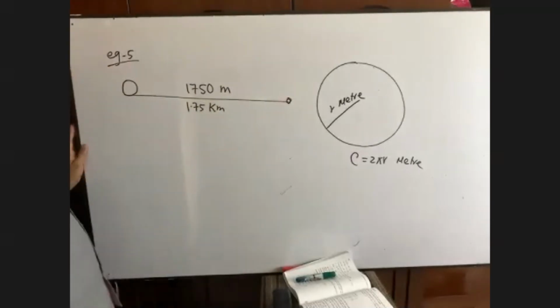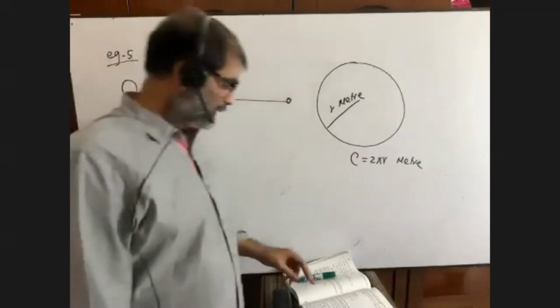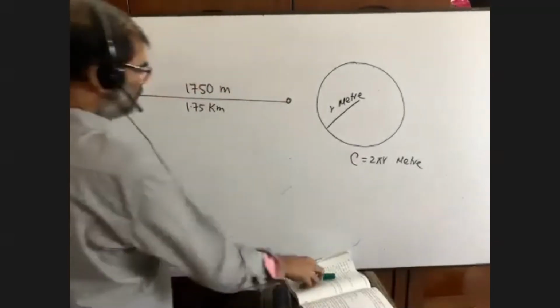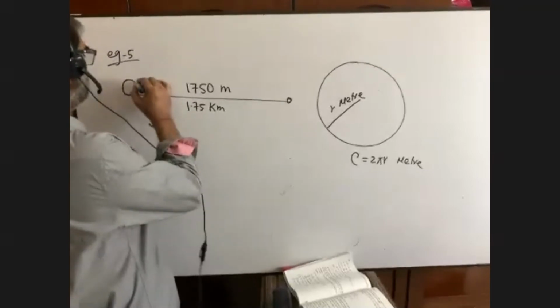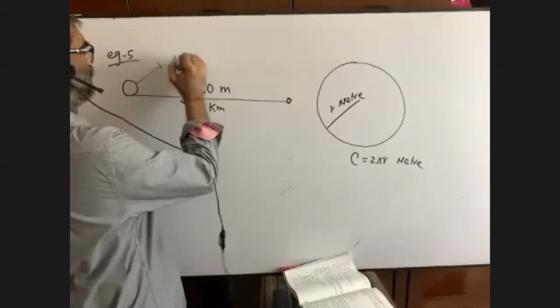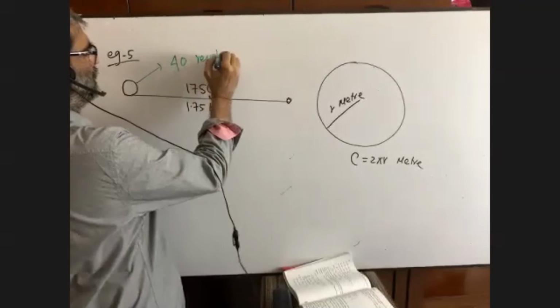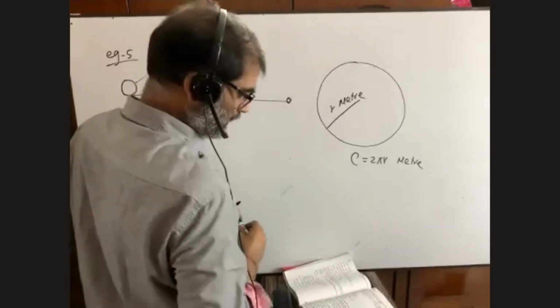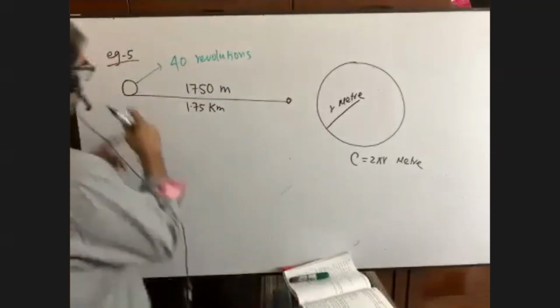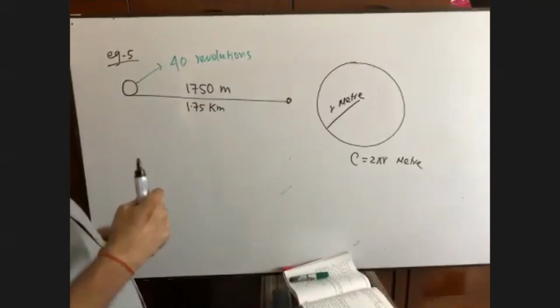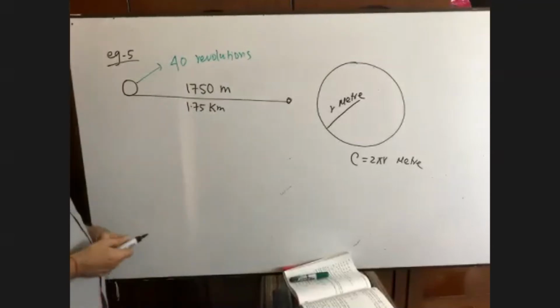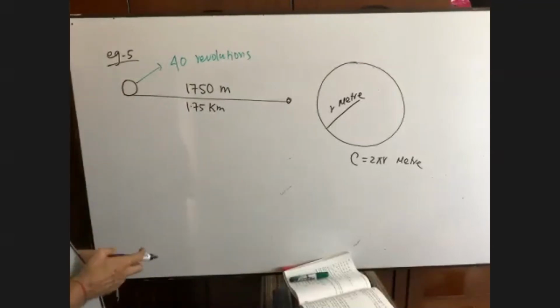So the question is, what is the radius? And it makes about 40 revolutions. The wheel makes 40 turns, that means 40 times it will revolve.